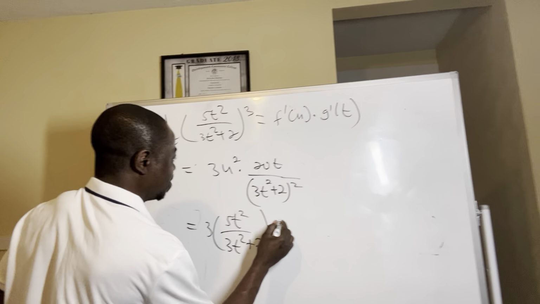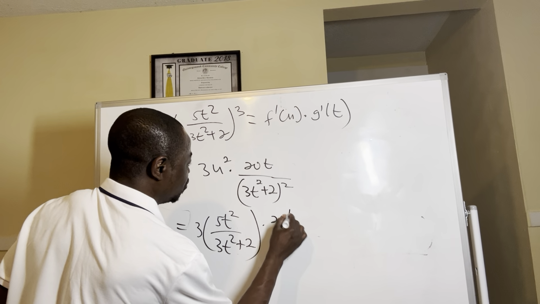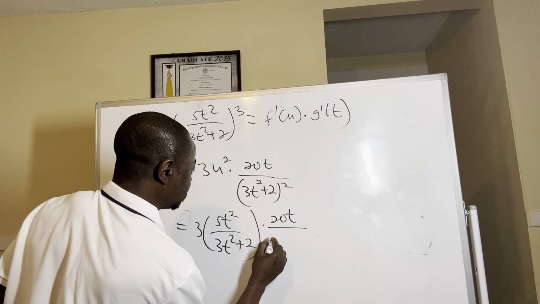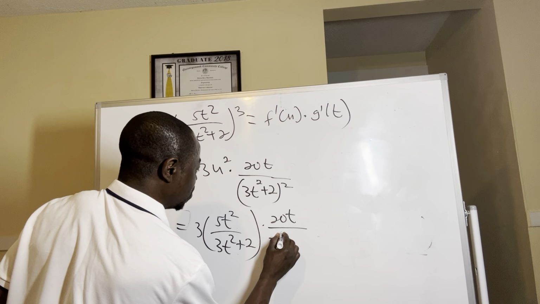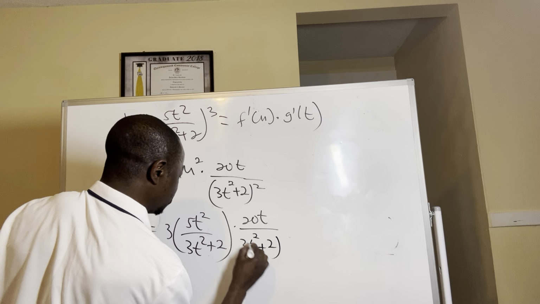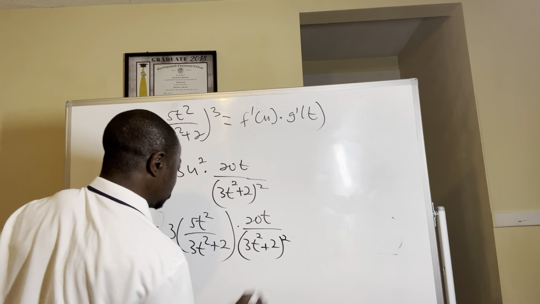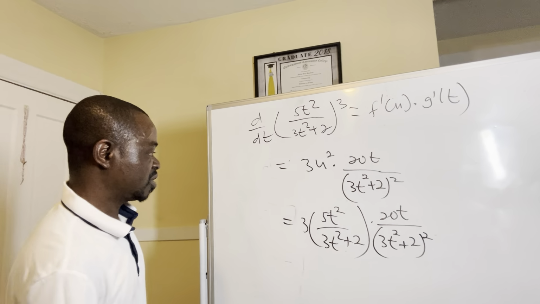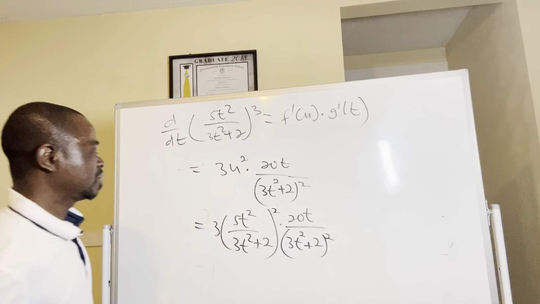Then this is multiplied by 20t all over 3t squared plus 2 all raised to the power 2.